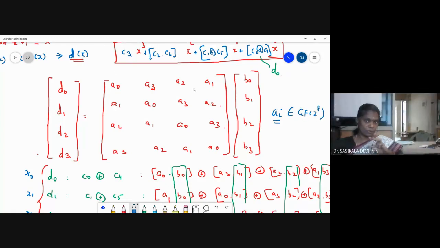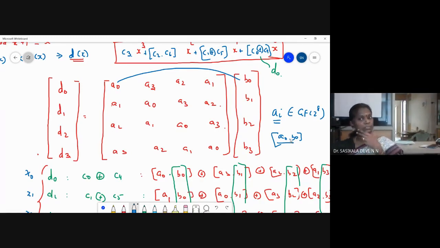So when you perform this, A0 is multiplied with B0. A0 into B0 is itself a polynomial multiplication. After polynomial multiplication, if the degree exceeds 7, you have to do modular reduction with M of x.